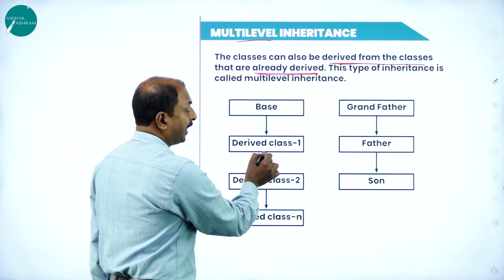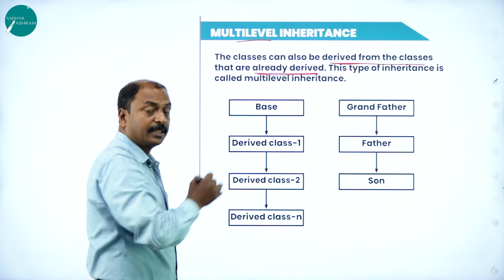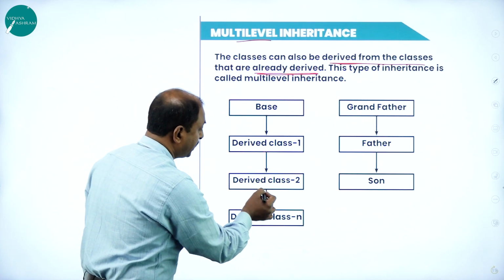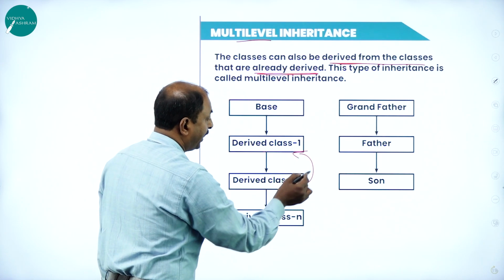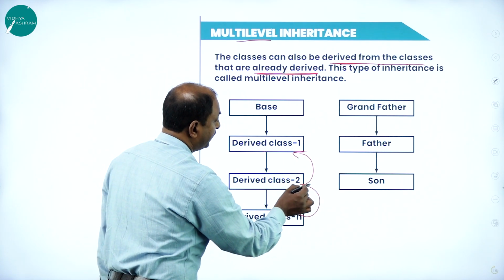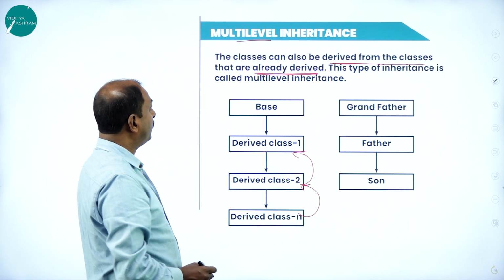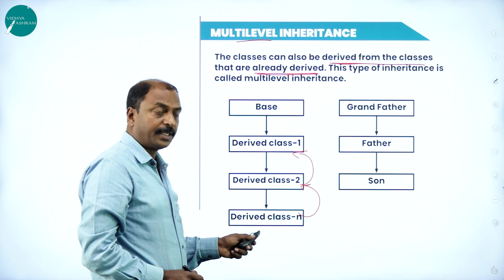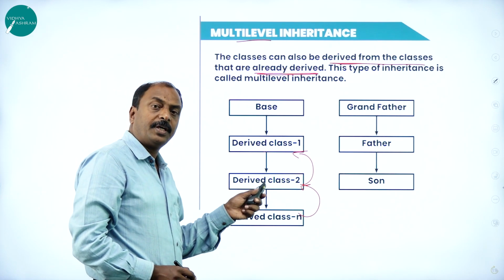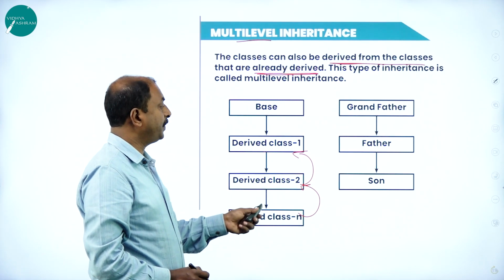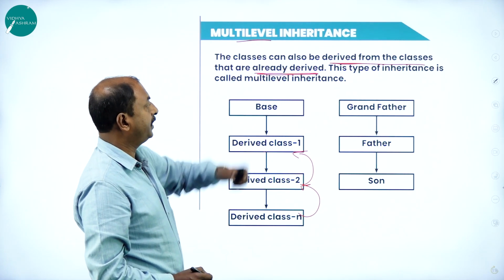This derived class is derived from this base class. Next, derived class 2 is derived from this class, which is derived from the base class. So, this is the definition of multi-level inheritance. It is one class derived from an already existing derived class.